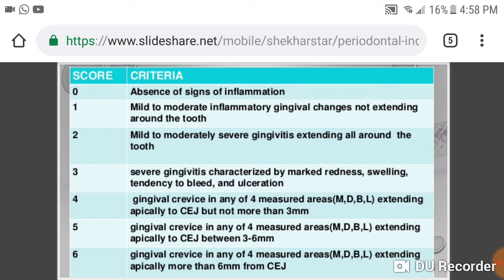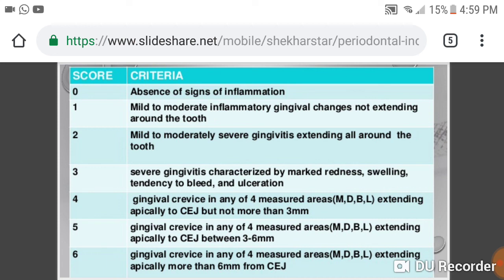Score 3, severe gingivitis characterized by marked redness, swelling, tendency to bleed, and ulceration. Score 4, gingival crevice in any of 4 measured areas: the mesial, distal, buccal, and lingual, extending apically to CEJ but no more than 3 mm. Score 5, gingival crevice in any of the 4 measured areas, extending apically to CEJ between 3 to 6 mm.